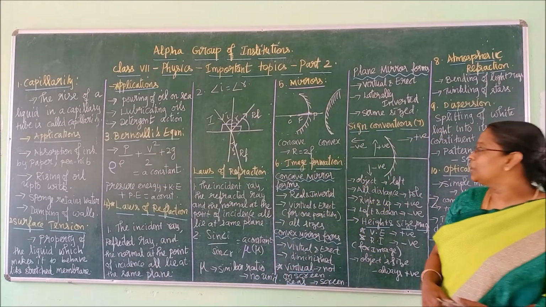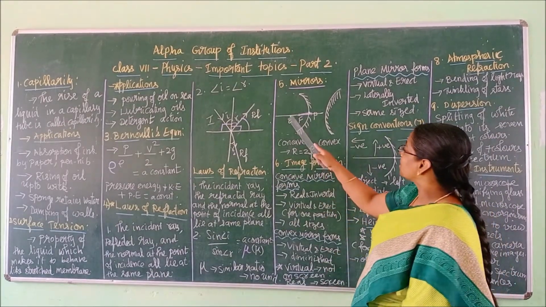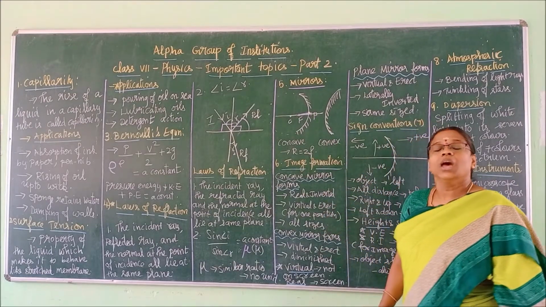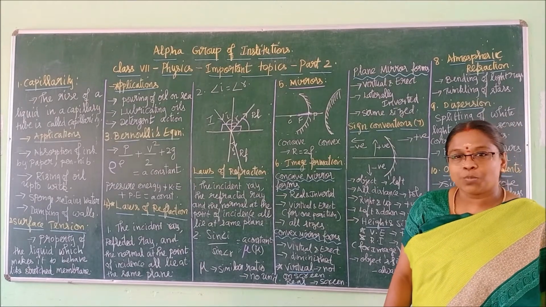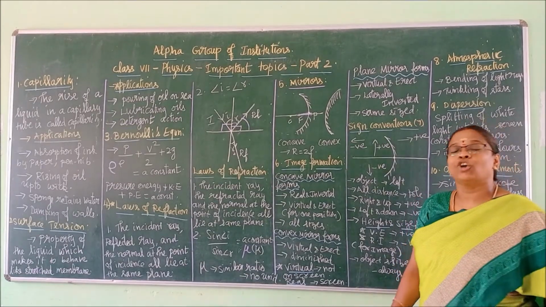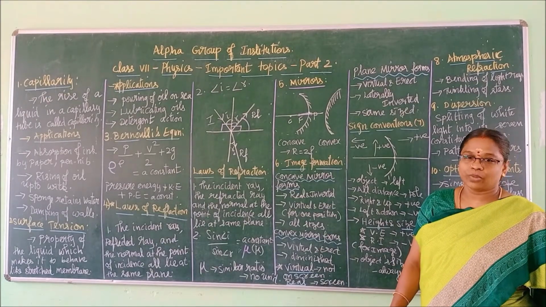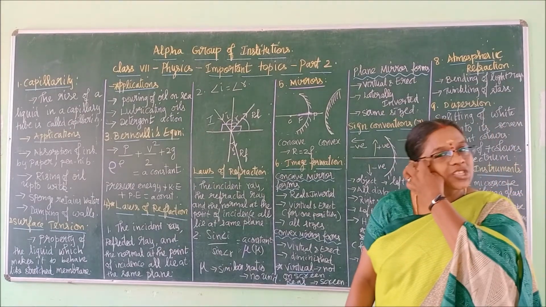That is represented by a small letter f. And the distance from the center of curvature to the pole of the mirror is called the radius of curvature. All these points I taught you in the class just a few days before. So remember all these points. Any definition can be asked in the examination.